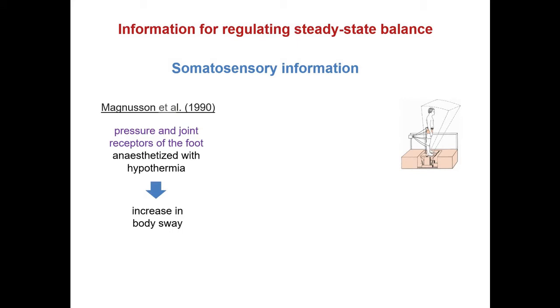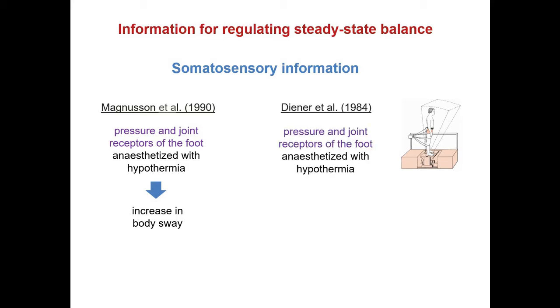Magnusson anaesthetized the pressure and joint receptors of participants' feet using a hypothermia-based technique. This manipulation significantly increased body sway. Diener et al. used the same technique. They also anaesthetized the joint receptors and pressure receptors of the feet using hypothermia.